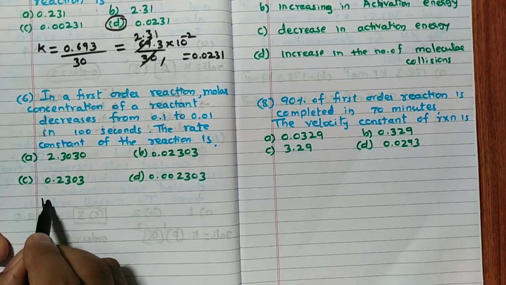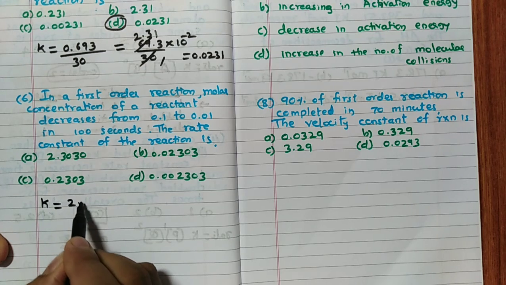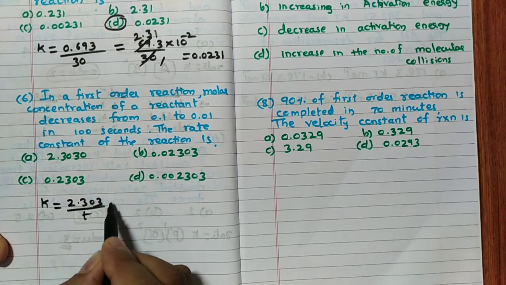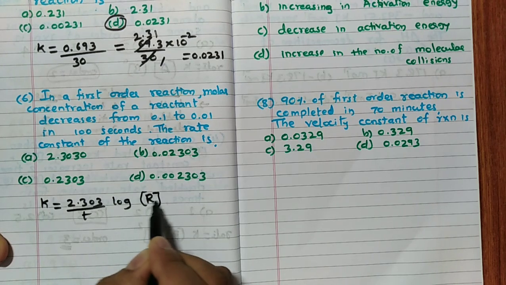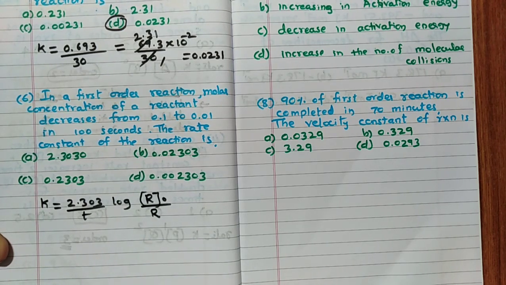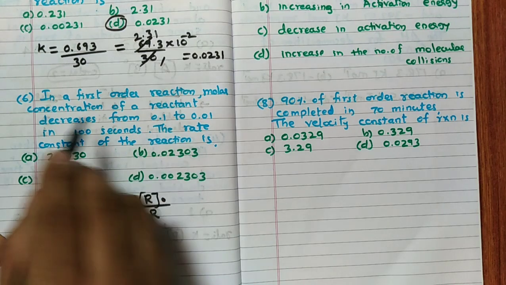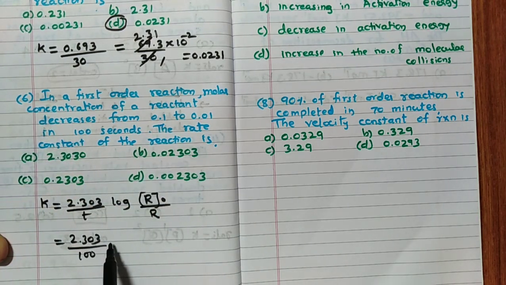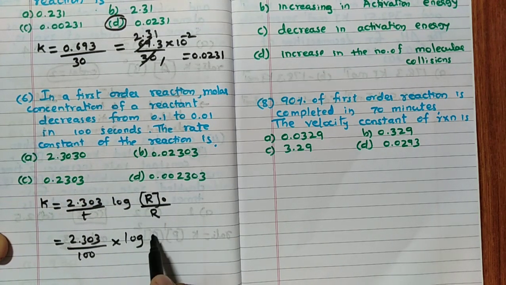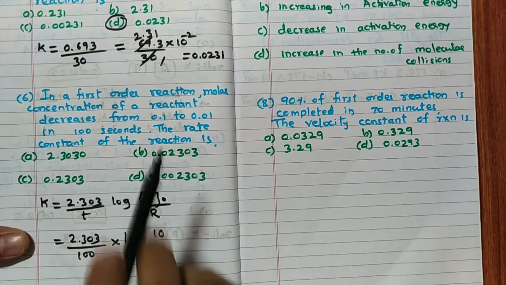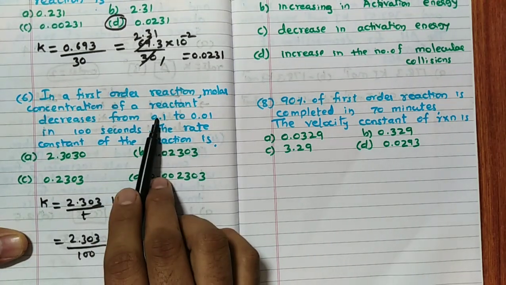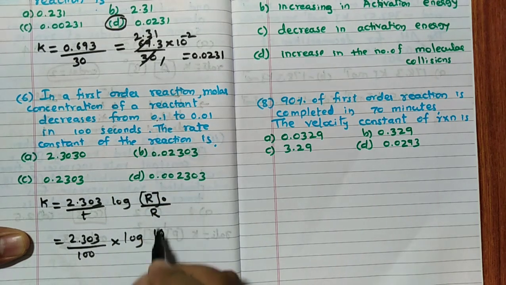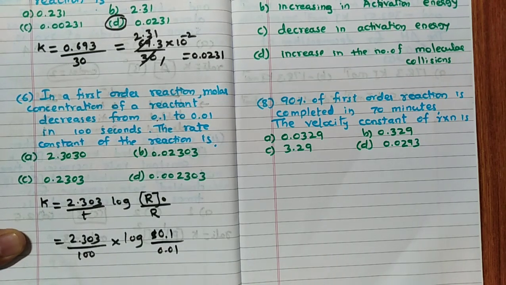See, here the formula is k is equal to 2.303 divided by t into log of R naught divided by R. Now you can see 2.303 divided by t, consider 100 seconds, into log of R naught, the initial, 0.1, divided by 0.01 left out.